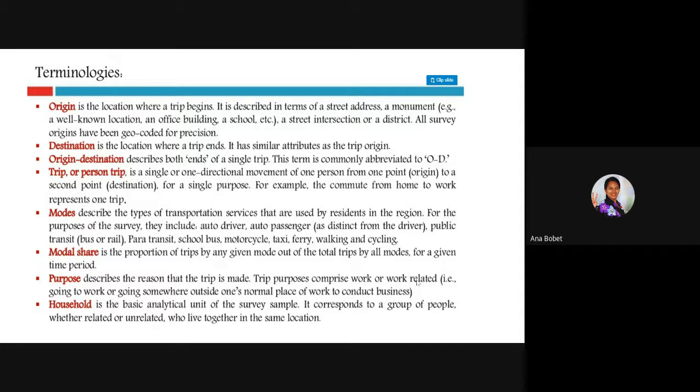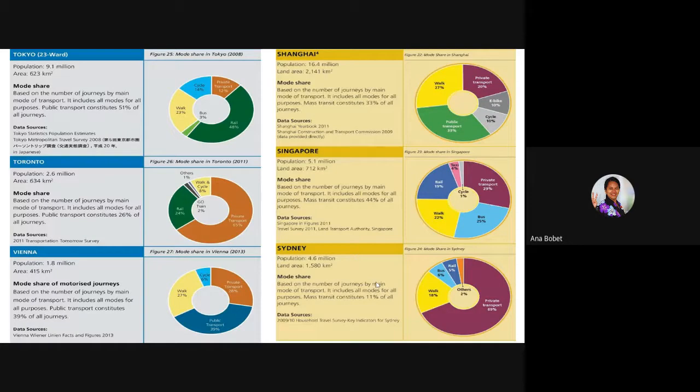So how is it done to complete the information of the origin destination survey? Usually the purpose of the survey is to look at modal share. Modal share in transportation engineering looks at what means a person uses to travel so that investment in infrastructure development can be allocated. For example, in Japan, 48% of the time people ride the railway.